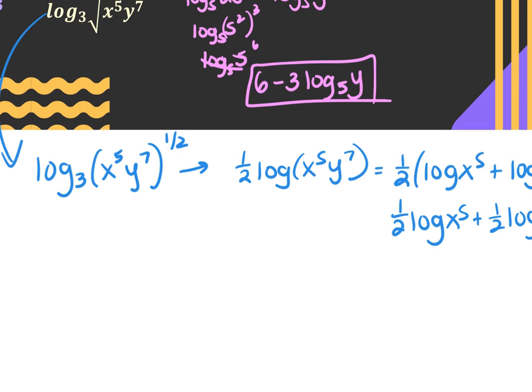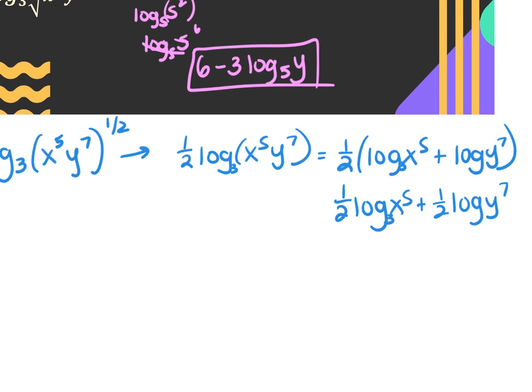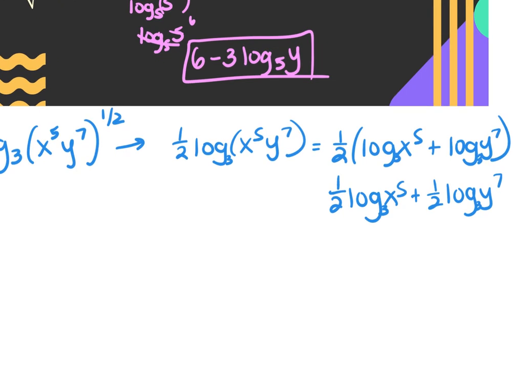Log base 3. All these base. Thank you. Base. I did it on purpose to stress how important it is not to forget your base on your logs when you expand. All right, now all those exponents kick forward. Multiplies. So I get 5/2 log base 3 x plus 7/2 log base 3 y.